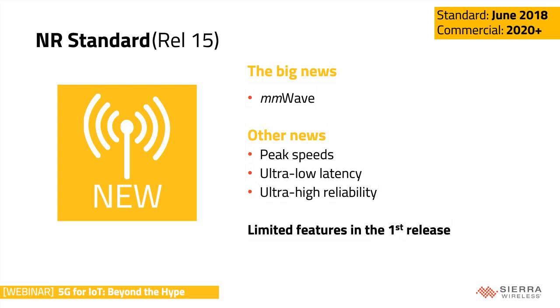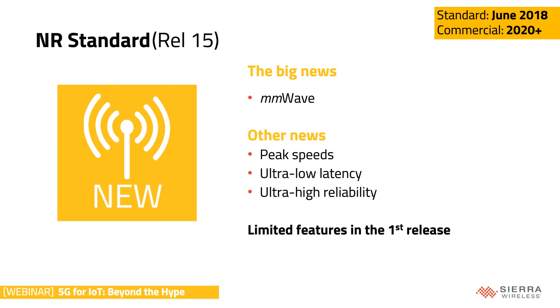So NR, like LTE, also supports the ultra-low latency feature, but can even go much lower in theory. Can go actually to 0.1 millisecond in theory. But as was mentioned, this would be for this URLCC use case, which is a fair ways from commercialization, into that wave 4 kind of time frame.